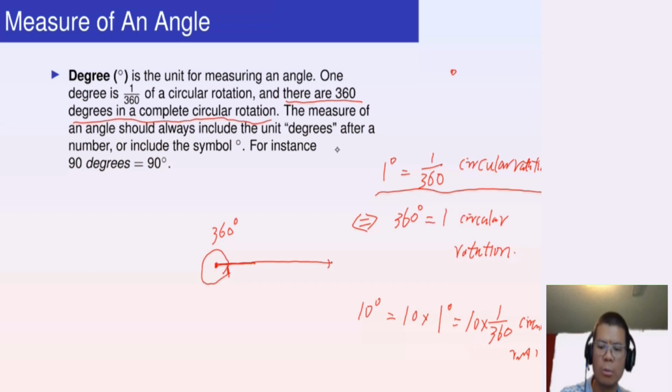Which also equals 1 over 36 circular rotation, right? Okay, and so on.